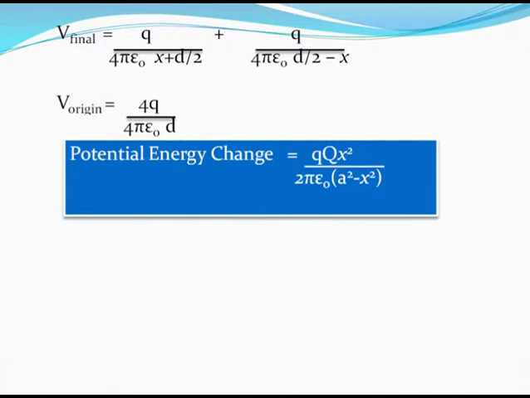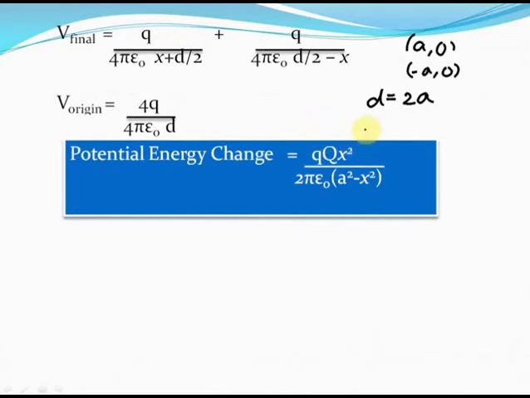Now one fascinating phenomenon here is that x is given to be very small in comparison to d. Note that d, the distance between the two charges, is given to be 2a in this case, since the charges are located at a comma 0 and minus a comma 0. So when I substitute d by 2a, this is the final expression of the potential energy change that I get.